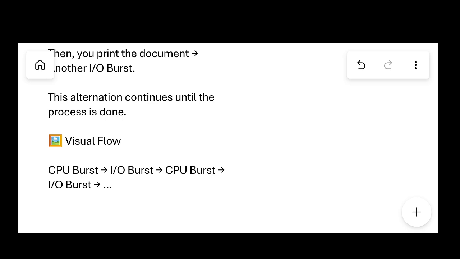Examples are complex calculations, machine learning algorithms, simulations. On the other hand, IO bound processes spend most of their time waiting for IO. Examples are file transfer, database queries, web servers. These distinctions are very important for scheduling algorithms in operating systems.